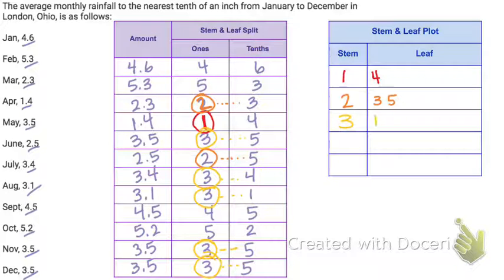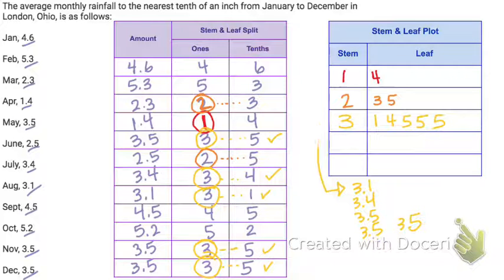So there's a 1. I'm just going to check that off. A 4, a 5, and a 5, and a 5. I need to list all of those 5s. What this row is telling me is 3.1, 3.4, 3.5, 3.5, and another 3.5.